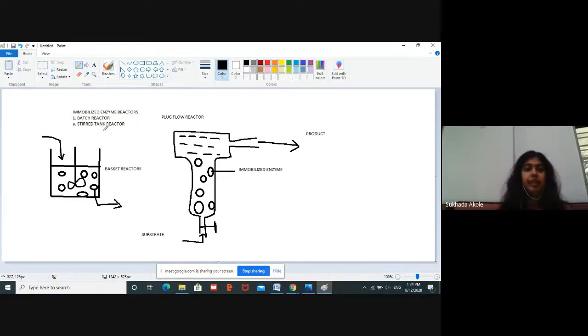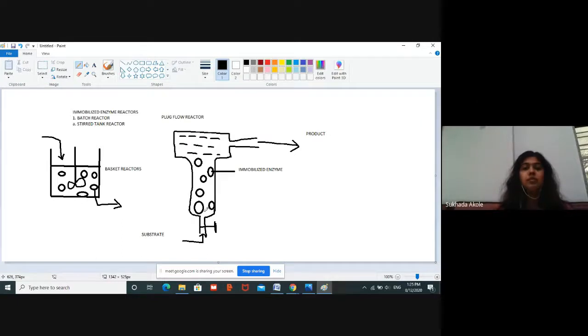In the case of a stirred tank reactor, I put all the substrate together, I add my enzyme and let it stir using a stirrer. After a point in time, say 10 minutes, I remove my product from the bottom using a filter. In this case, of course, this is also timed because we are talking about batch reactors.